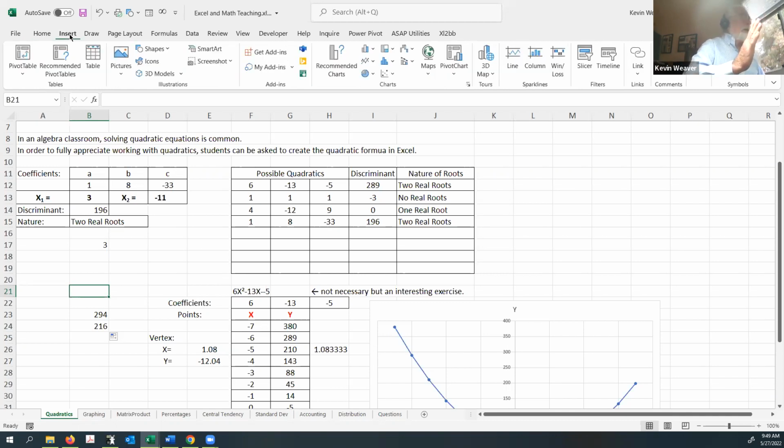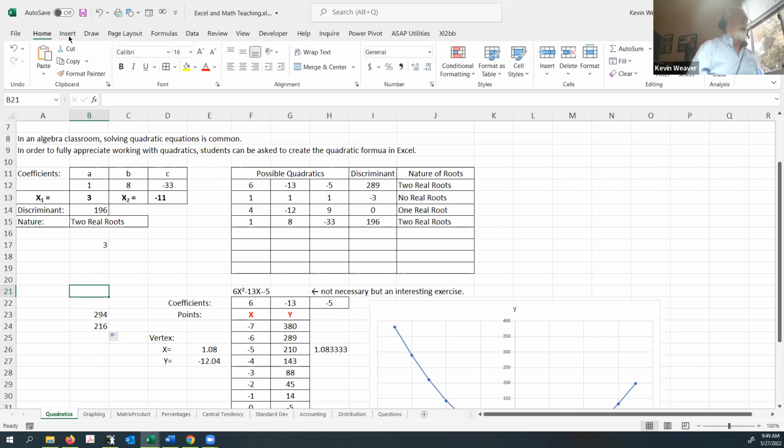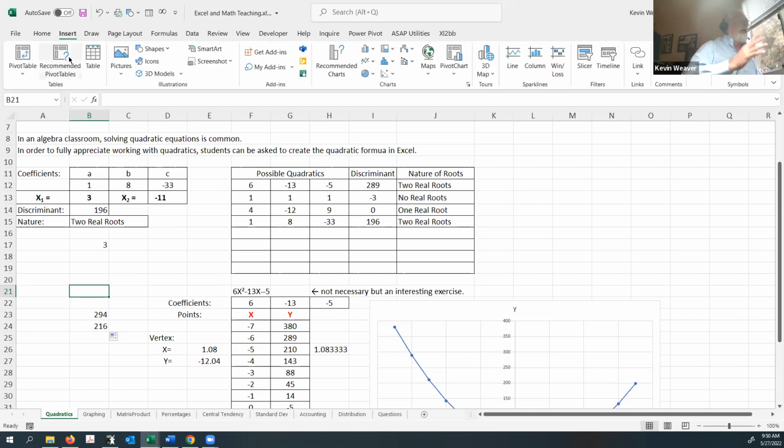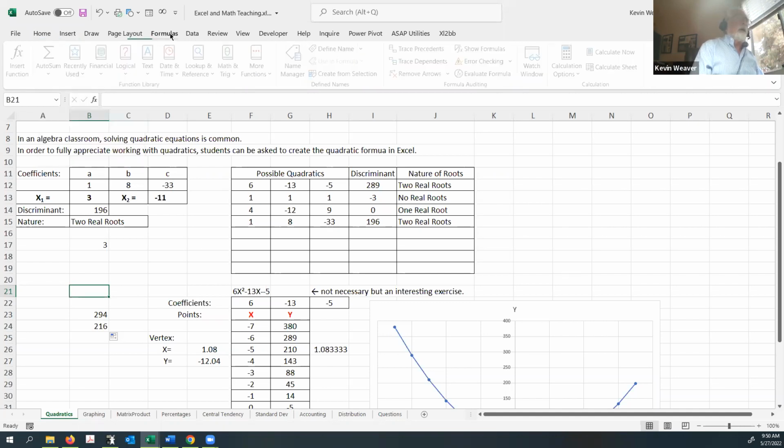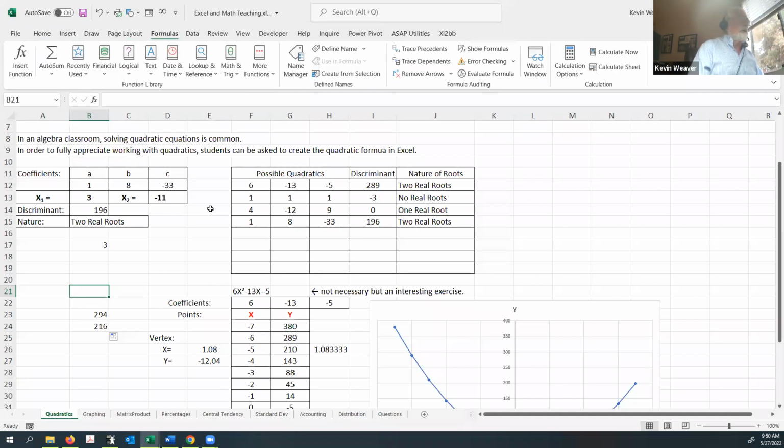This is all dynamic. Every time you click on one of these, the ribbon dynamically changes to suit that particular category. One of the categories is Formulas. And there are over 400 formulas built in to Excel.